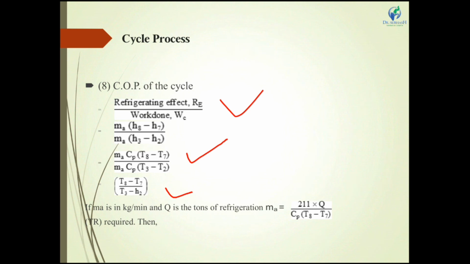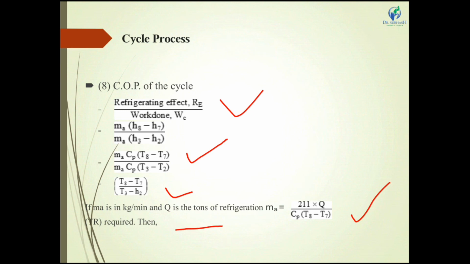If m is in kg per minute and Q is the tons of refrigeration, then the equation for mass flow rate is equal to 211 times Q divided by Cp times the temperature difference of the refrigeration effect, T8 minus T7.